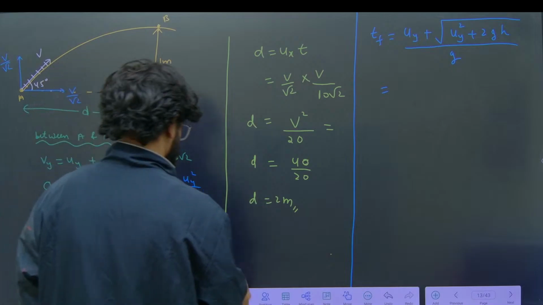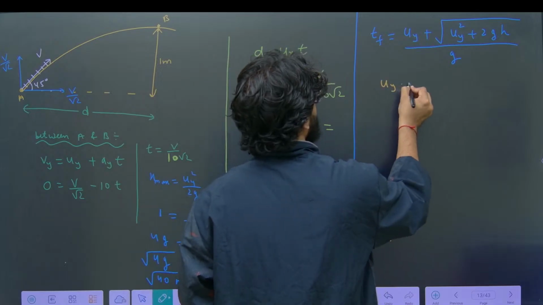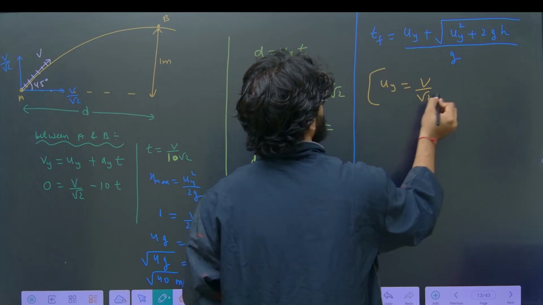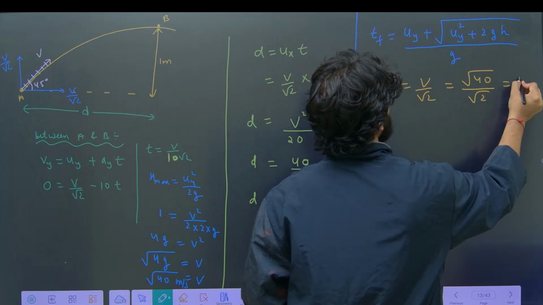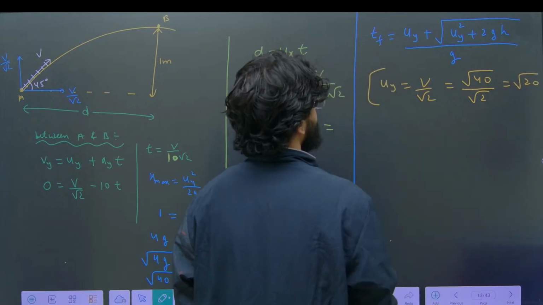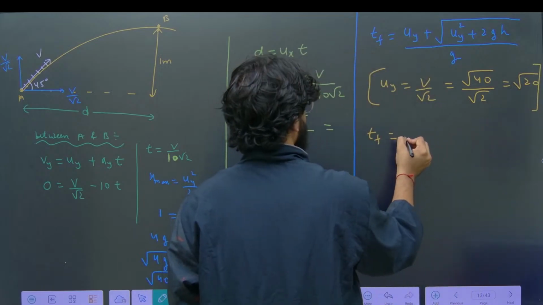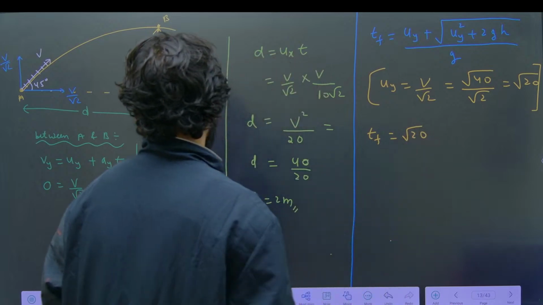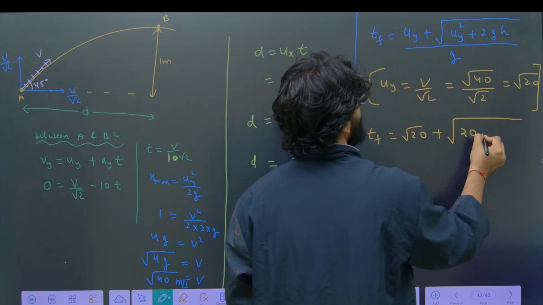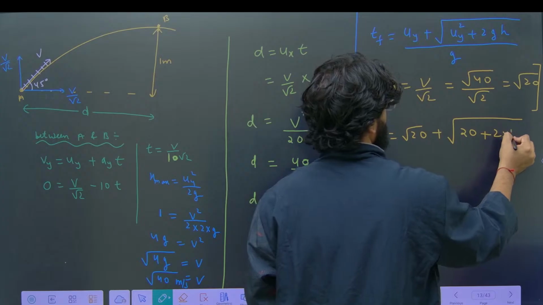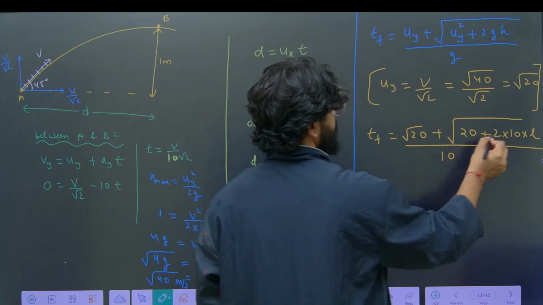So it is root 20, correct? Yes. So time of flight is root 20 plus, that is 20 plus 2 into 10 into L, divided by 10. So very weird answer this is.